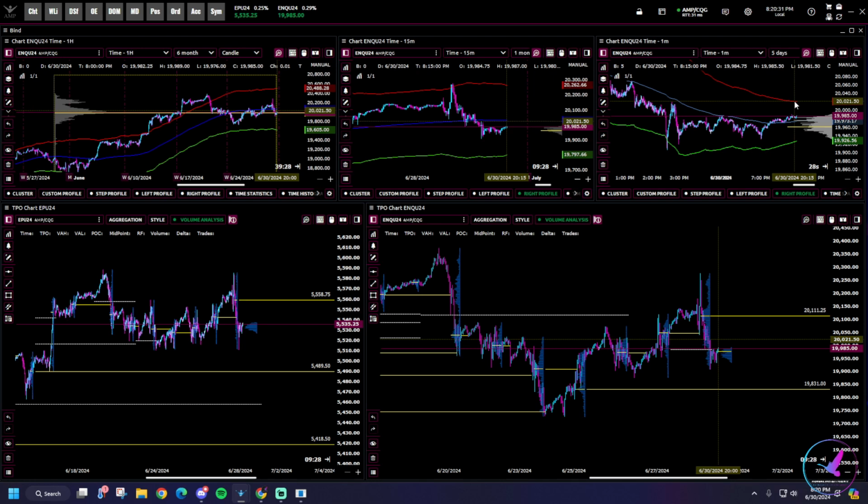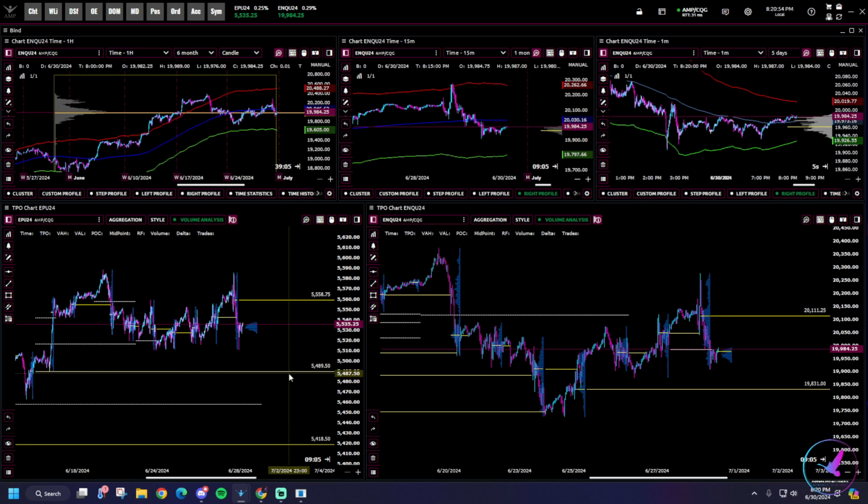I think we're so centralized, we're probably not going to see a touch of either of those tomorrow. But on the 1 minute, I'd like to see us really pressing the 1 minute edge when we're testing one of these POCs. That'll give us a great idea that we're way overextended to one side while testing that POC, and it should give us a great setup for a rotation.